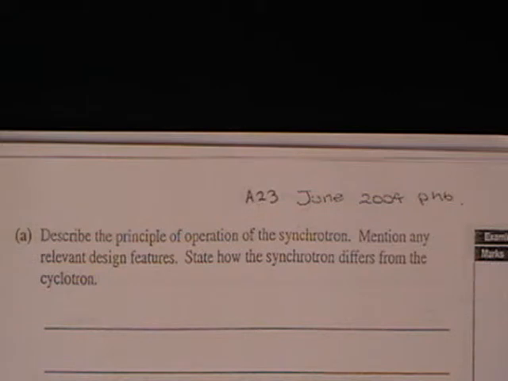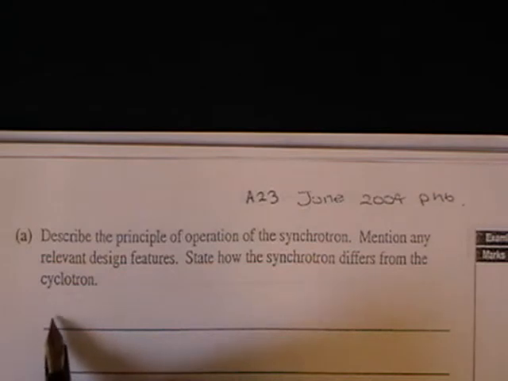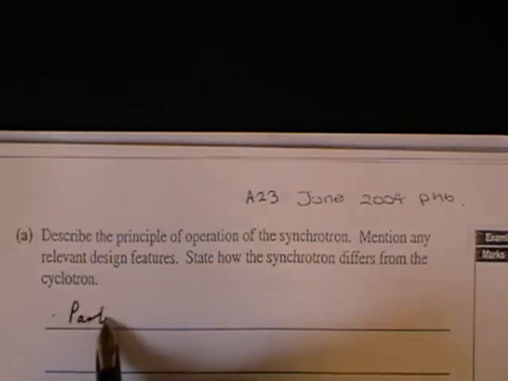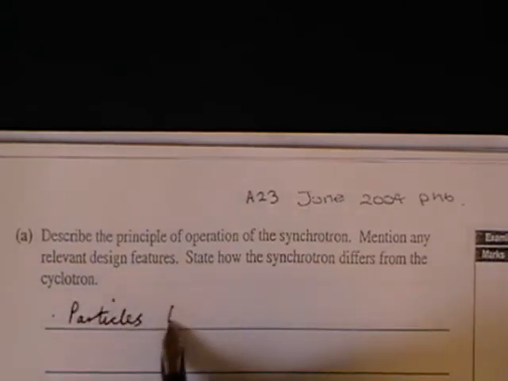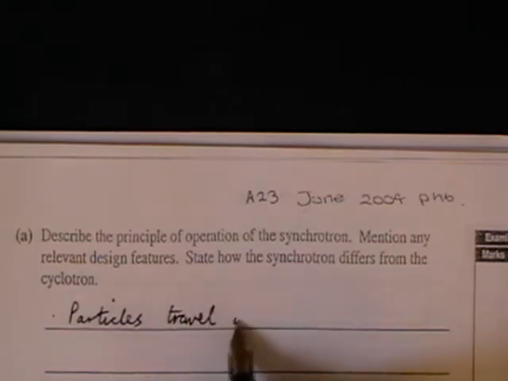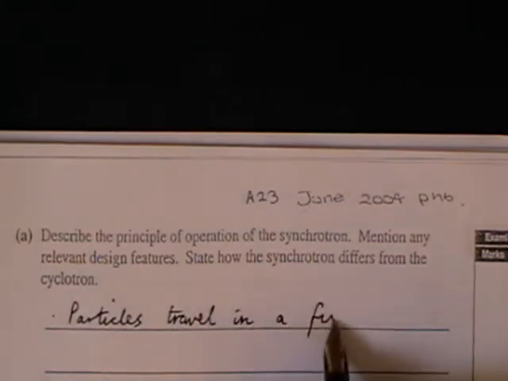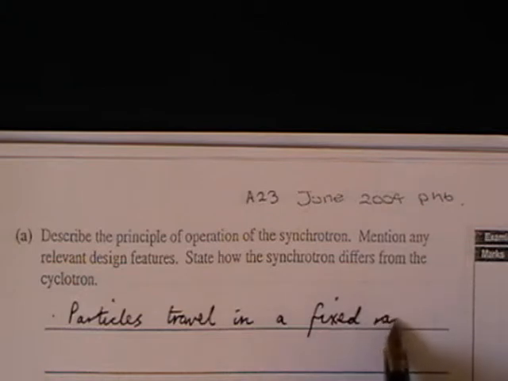The frequency then of that field has to be adjusted to ensure that the particles are always accelerated at the gaps. Alright, so we're looking for 5 points here, so we're probably looking for 4 marks in the description of what's happening. So first point I would say is that the particles travel in a fixed radius circle. Okay.